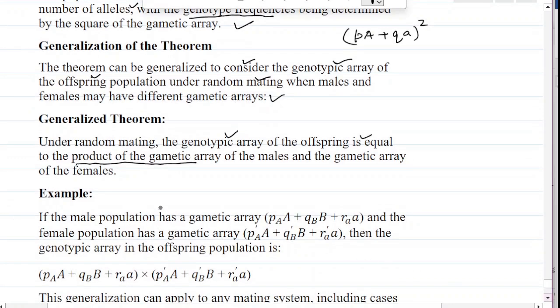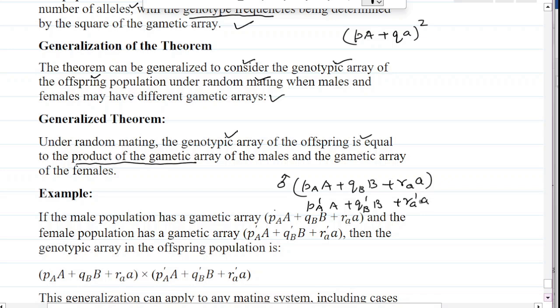Suppose the male population has gametic array pAA plus qBB plus rAA. This is the gametic array of male. And suppose pA'A plus qB'B plus rA'A is the gametic array of female.